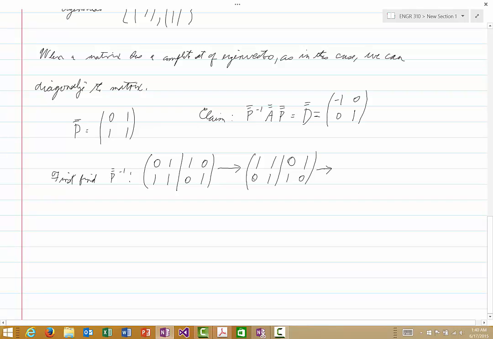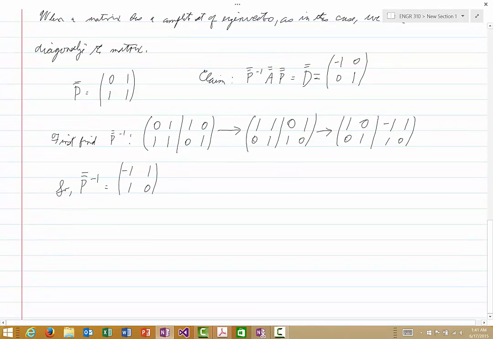And now add the negative of the second row to the first row. We get 1, 0, 0, 1 on the left-hand side, and on the right-hand side, when we add the negative of the second row to the first row, we get negative 1, 1, 1, 0. And now we have already obtained the identity matrix on the left-hand side, and therefore this means that P inverse is that matrix on the right-hand side, negative 1, 1, 1, 0.